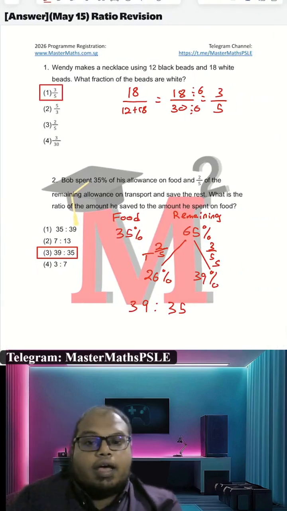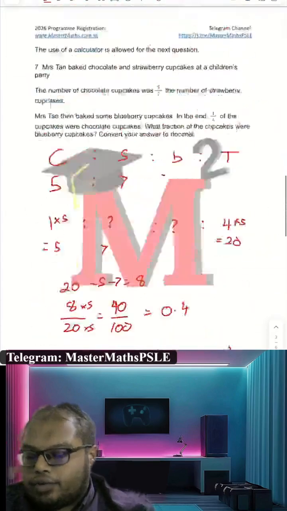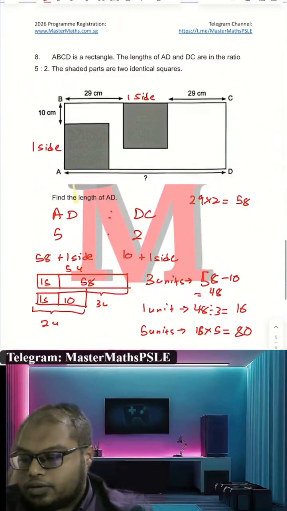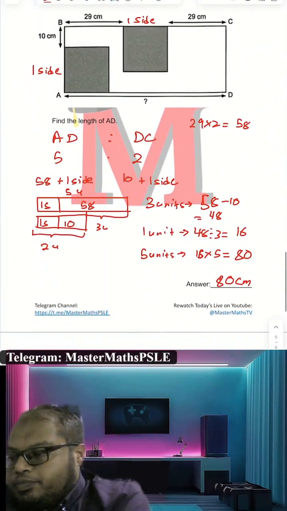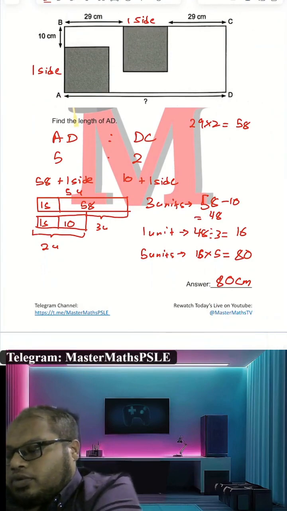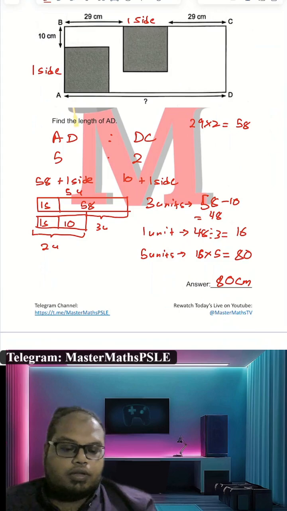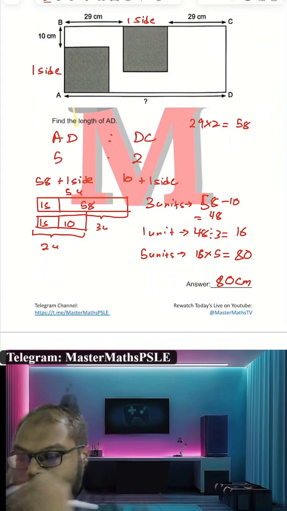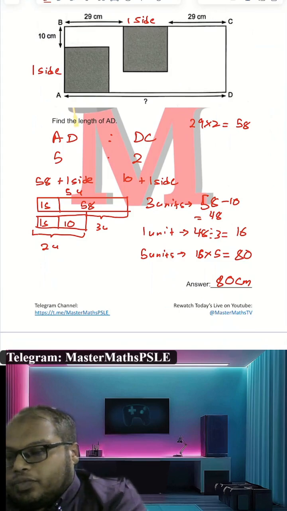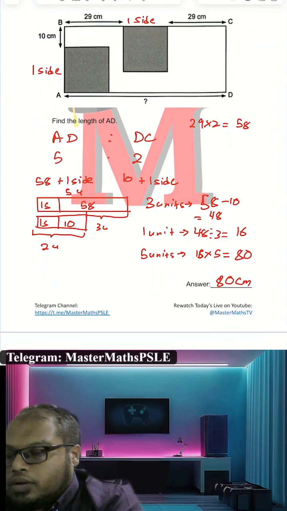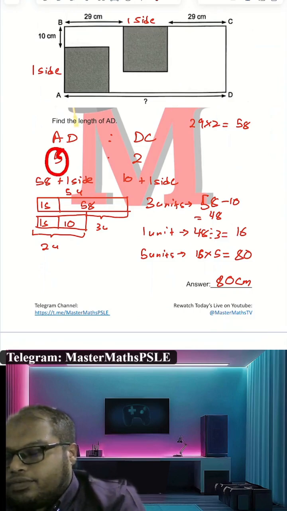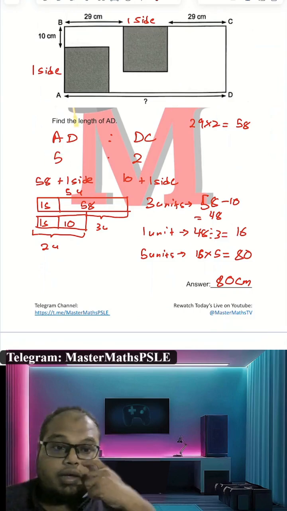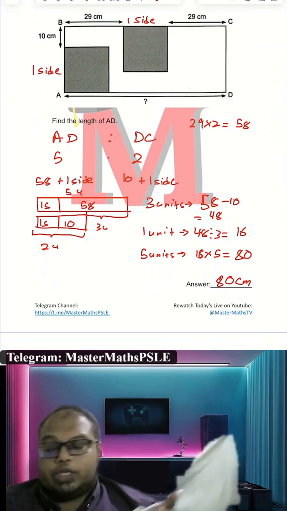Let me go through from the back, from question 8 just now. Like I said, we have 5:2, so in a way it's 5 units and 2 units.